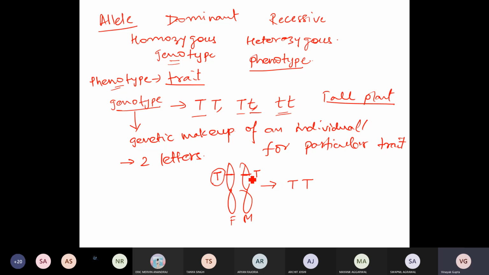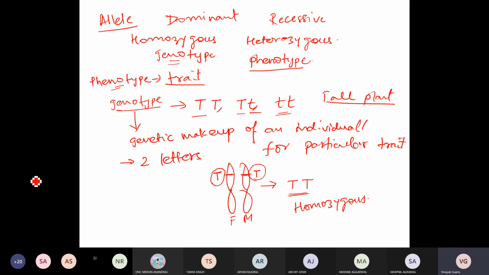From the mother also you have the same gene, or same allele basically. When both the letters are the same, this condition is called homozygous. Homozygous means both the alleles are the same for a particular trait.